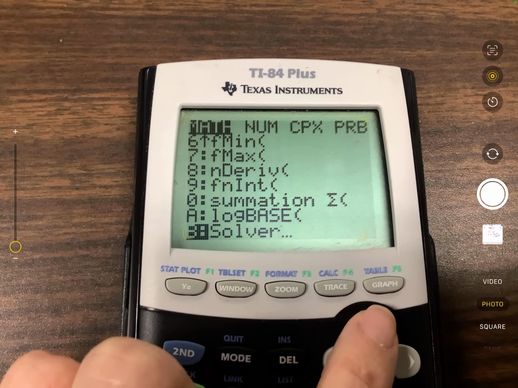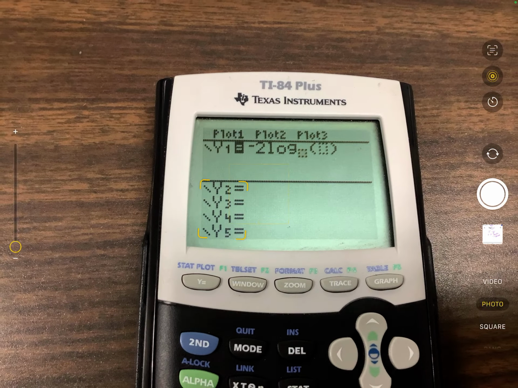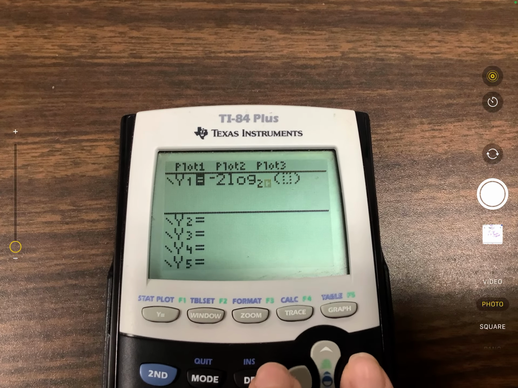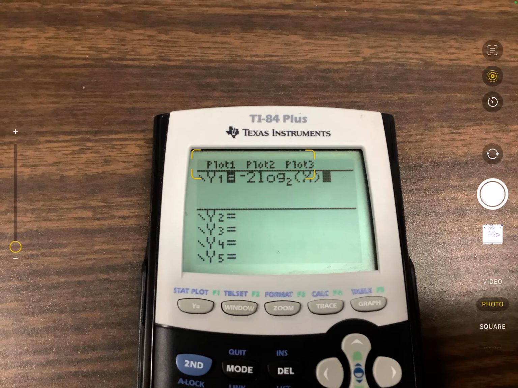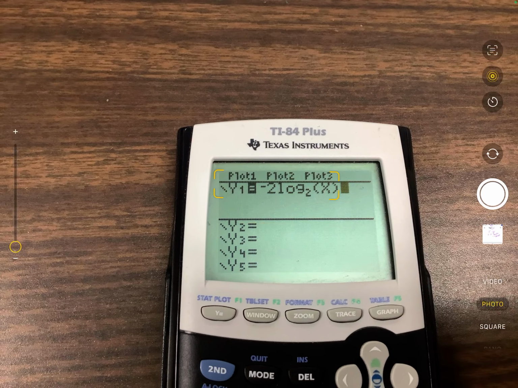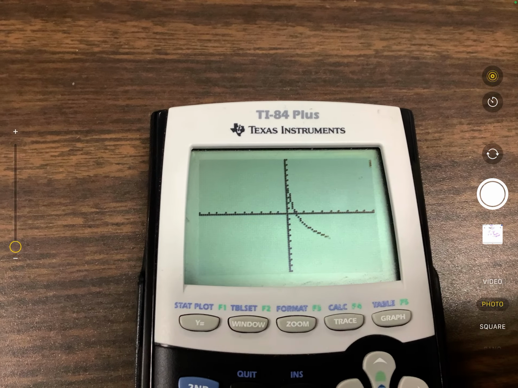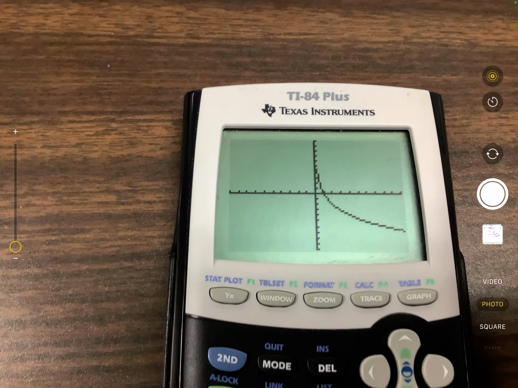You can go up to make it faster. Go to A, so log base. We're changing the base to 2, and then we're taking log base 2 of x. So put an x there. Again, it should look like what you have on your paper. Then if you want, look at the graph first. Notice this one is going down because there was a reflection.